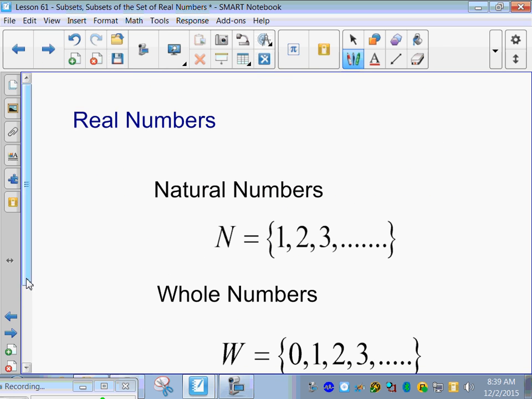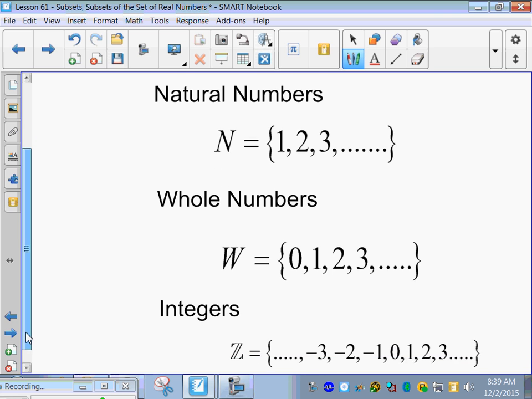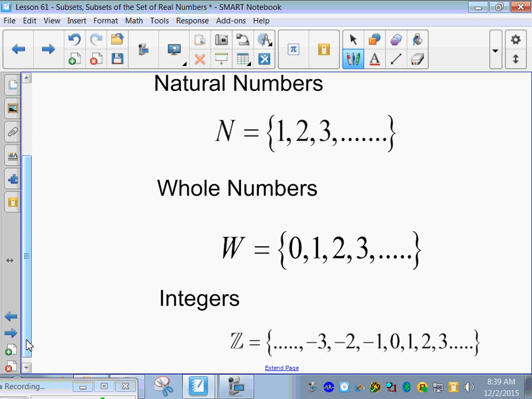Okay. Now we need to talk about some other definitions. You definitely want to write these down. These are all real numbers, and these are different sets of real numbers that you want to memorize. Starting with the smallest set, natural numbers here. Natural numbers are also sometimes called counting numbers. You might want to write that down too.